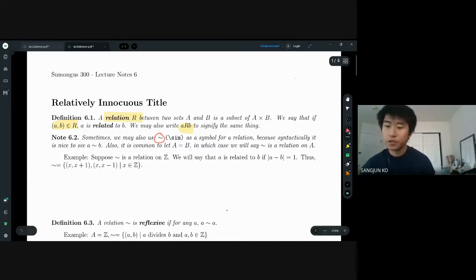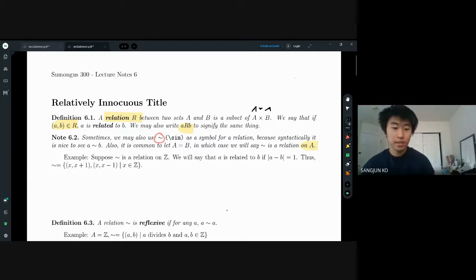Okay, and often you're going to let A equal B. What that means is, instead of a relation being between two sets, you're going to have a relation on itself, right? So a subset of A cross A, and in that case, we say this is a relation on A. Okay, so as an example, suppose this is a relation on Z, and we'll say that a is related to b if the distance between them is 1, right?